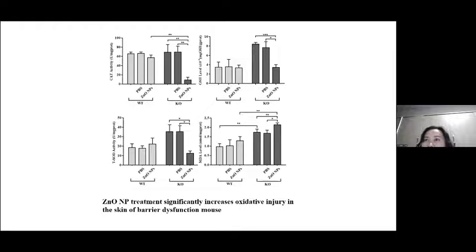So we use CAT, GSH, T-SOD, and MDA to check the ROS change. Now we can see zinc oxide nanoparticle treatment significantly increases oxidative injury in the skin of the barrier dysfunction mice.